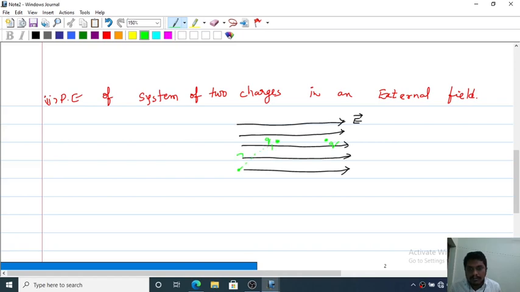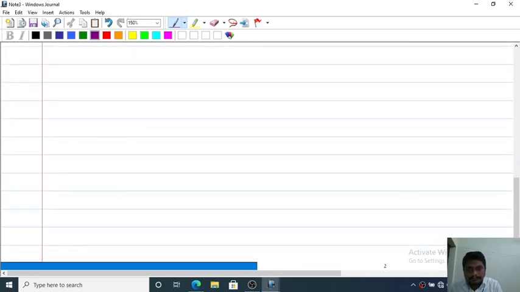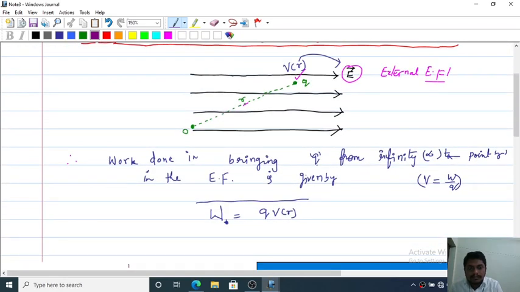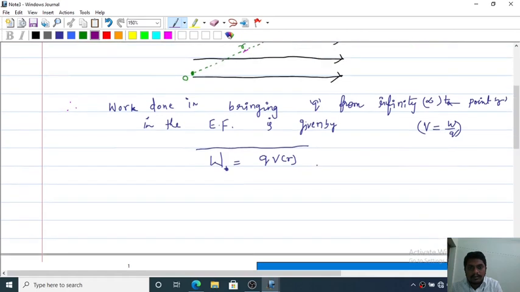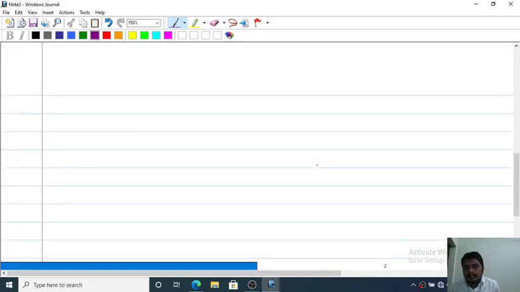With respect to the origin, the position of Q1 is R1, and the position of Q2 is R2. R12 is the separation.